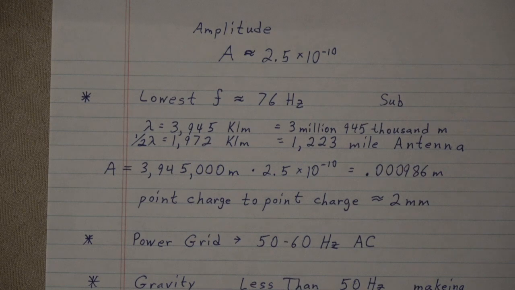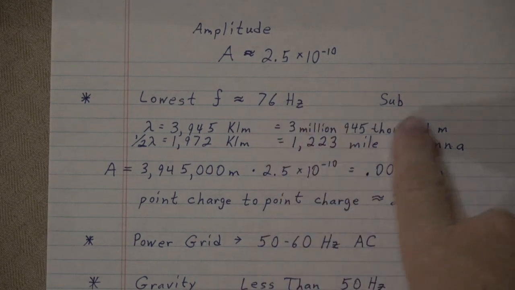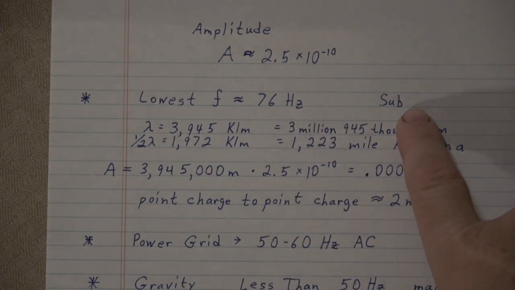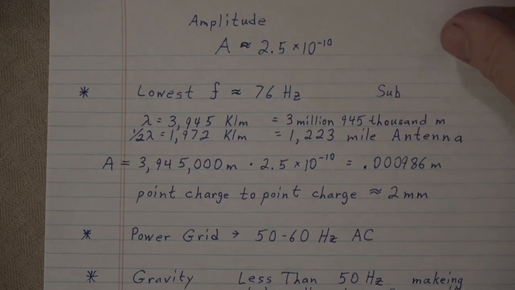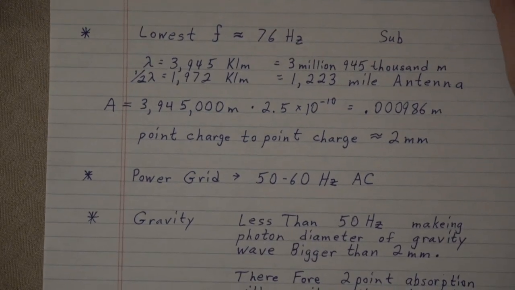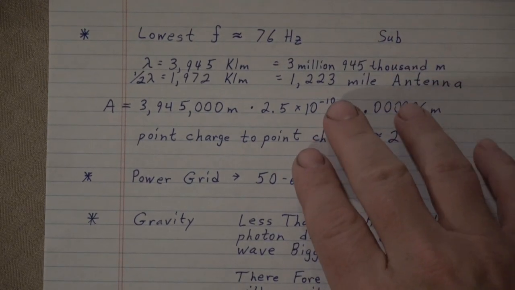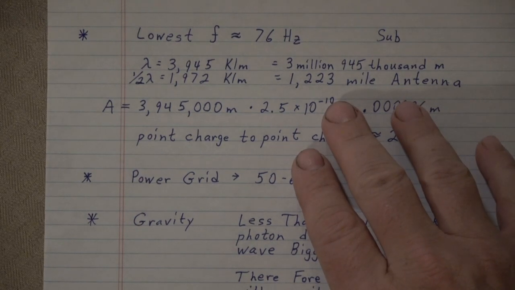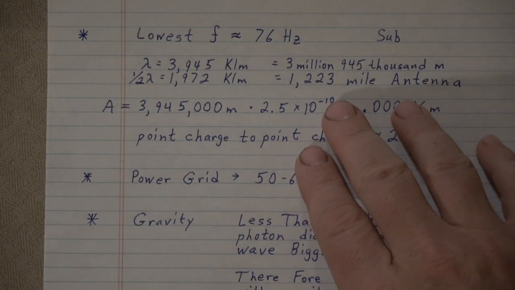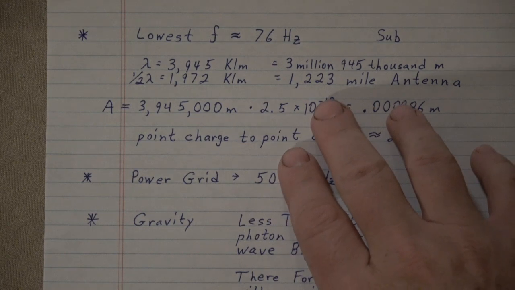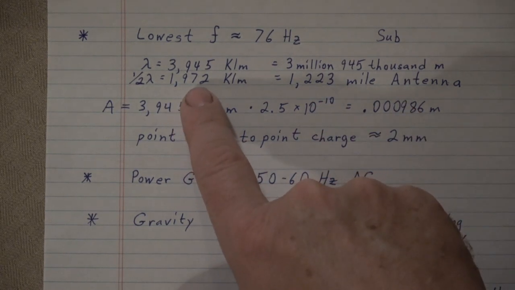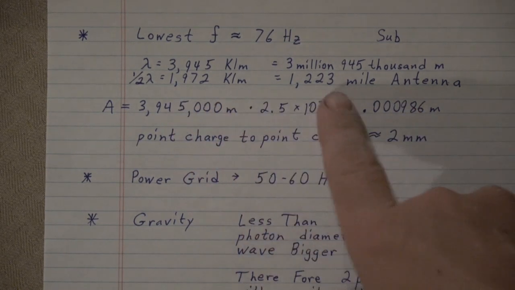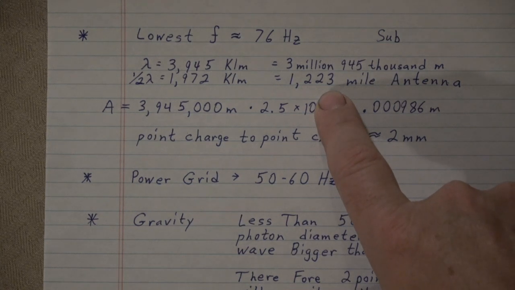If we look at the lowest frequency, which is 76 Hertz, which is used for submarines, this is where the theory breaks down. And I don't know which direction it would break down in. It uses an antenna length of 1,972 kilometers. It'd be, in miles, 1,223 miles.